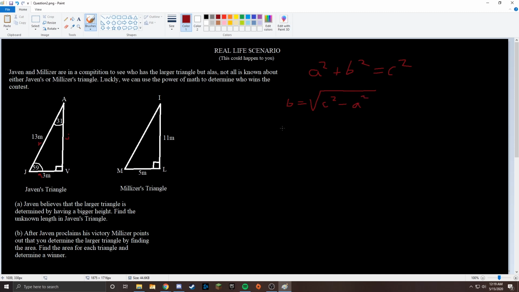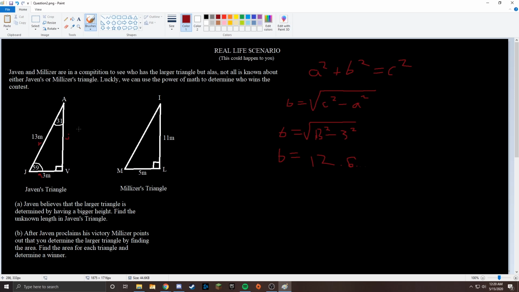And that would be b equals square root of 13 squared minus 3 squared. Now, plugging that into your calculator would give you 12.6. And that decimal goes on for a while.